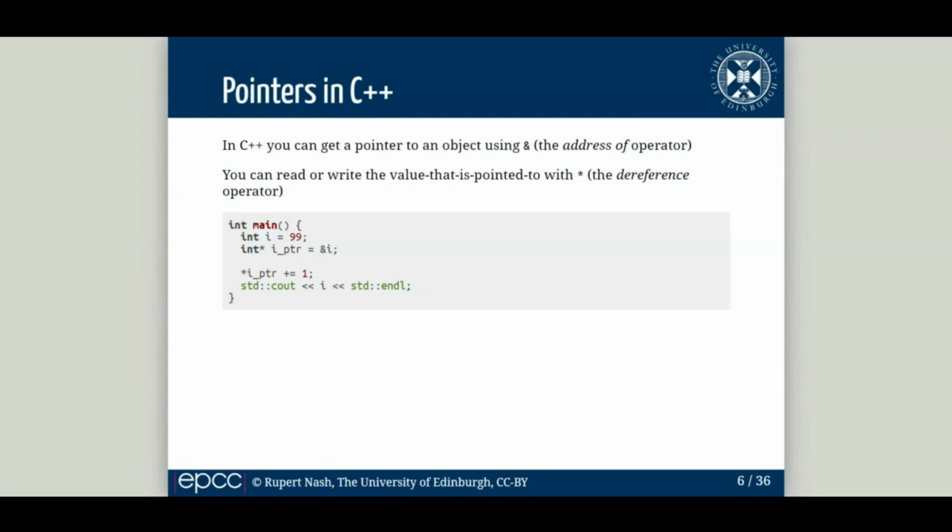But in case you want to use the pointer, when you use the star, you say, okay, this is the pointer, and I want to modify the position of memory that is pointed to. When we use that, we get access to the variable I, so we get access to 99. And here I'm incrementing that value by 1.